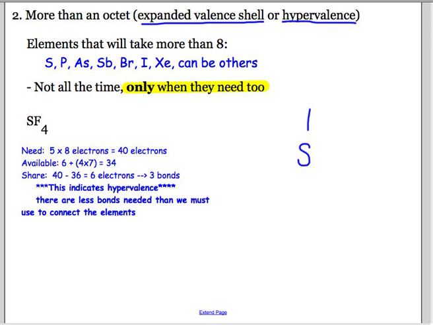I need a bond for each fluorine. So there's sulfur with 4 fluorines, so I have to have 4 bonds because I have to bond sulfur to fluorine. And they're just going to be single bonds off of it. The problem here is we need 4 bonds. It's an absolute necessity, but this is telling us we only need 3.